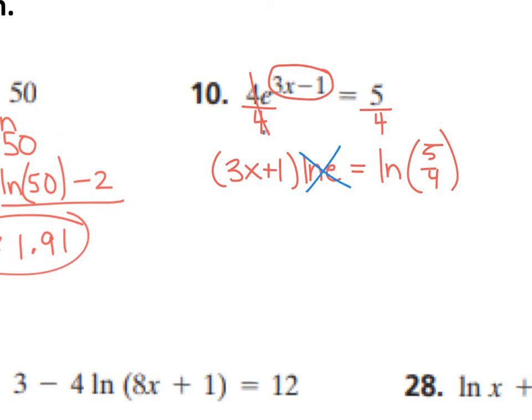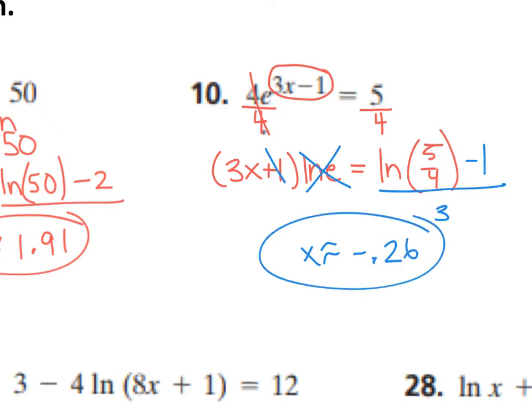And now I have 3x plus 1 equals the natural log of 5/4. So I'm going to subtract 1 and then divide by 3. So x is the natural log of 5/4, subtract 1 from it, and then divide that whole quantity by 3. And I get negative 0.26, rounding.